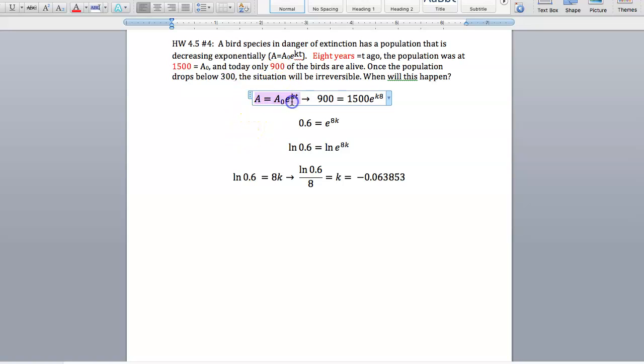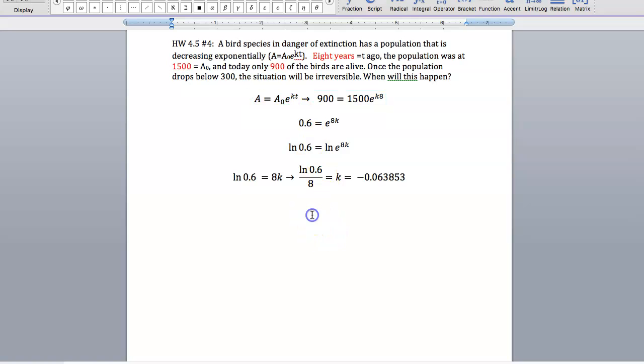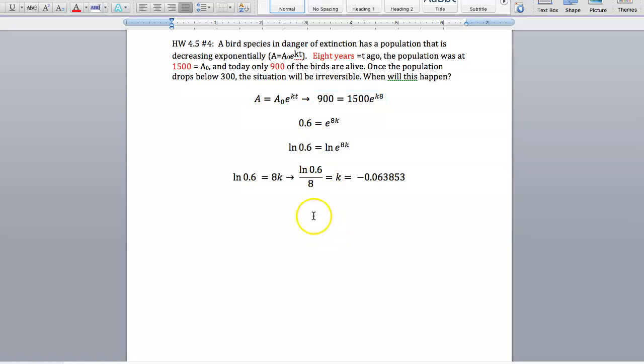I'm going to start from my exponential model again and fill in again what we know. So this time 300 is going to play the role of A. The initial population is still 1,500. That's the initial at the very beginning, so that doesn't change.